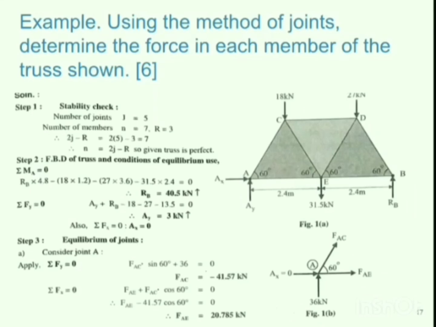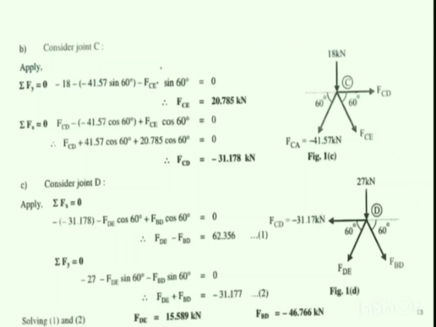Let us isolate the other joint. Now we have an option to isolate joint C or joint B. Second, we'll consider the joint C. Now you will see that at joint C there are three member forces, FCA. Now see the naming is changing.